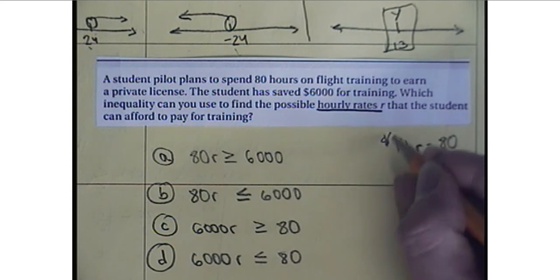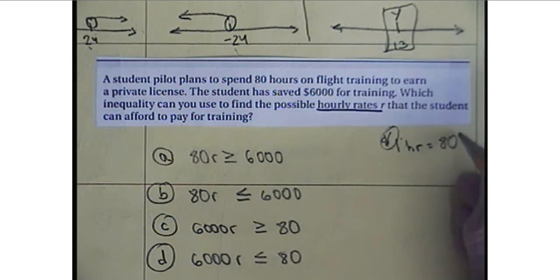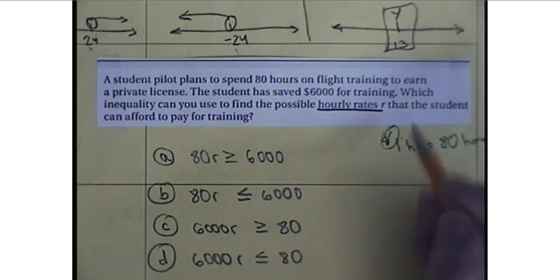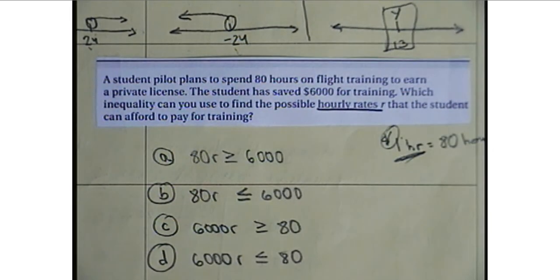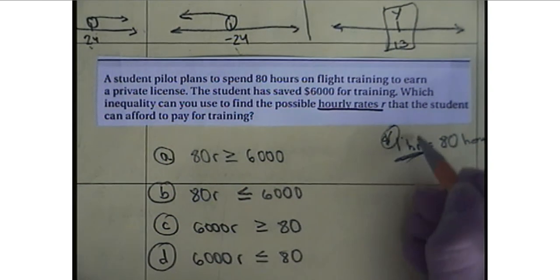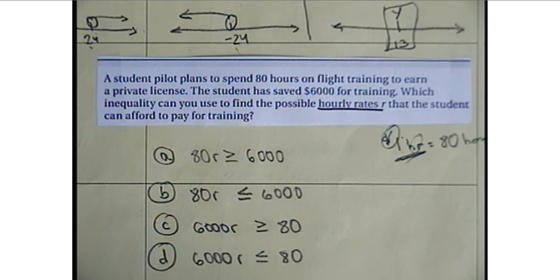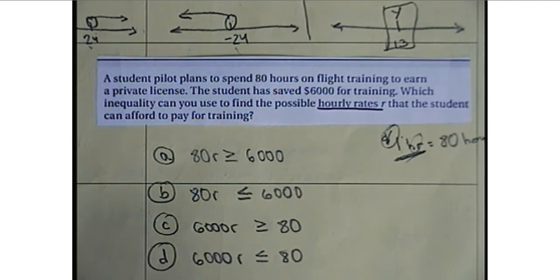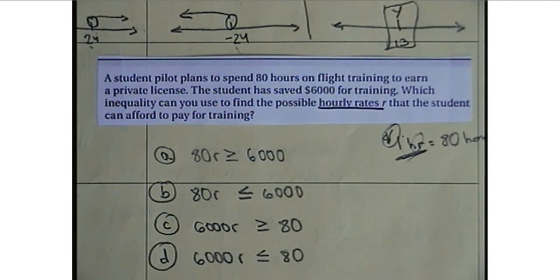So you want to know how much money you need to spend for 80 hours total. So 80 hours times the hourly rate has to be what? Greater or less than or equal to 6,000.